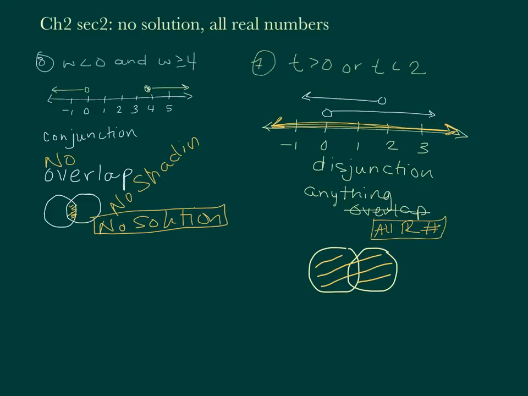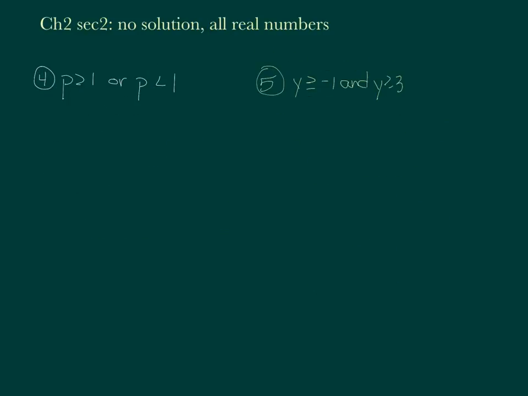So where this first arrow is missing, the second arrow fills in. Likewise, where the second arrow is missing, the first arrow fills in. Therefore, my solution set is the entire number line, all real numbers.